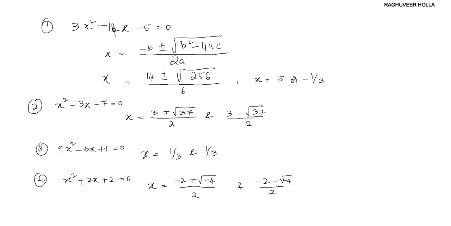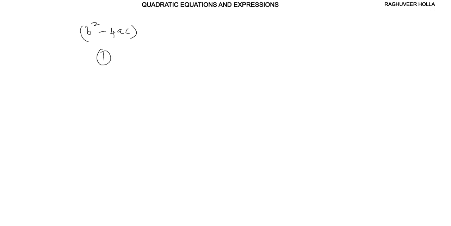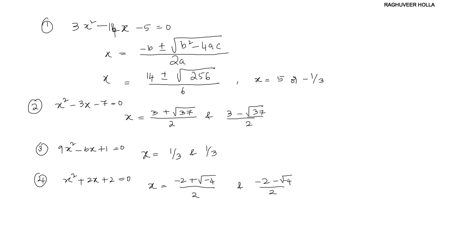This quantity is known as the discriminant. In example 1 which you have seen here, the discriminant is positive and a perfect square, and the roots are real, distinct, and rational.